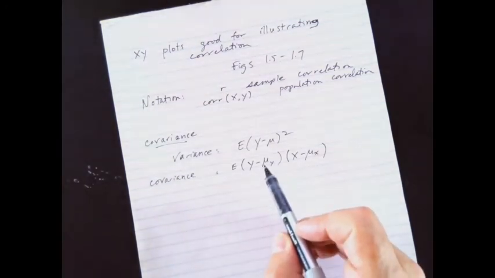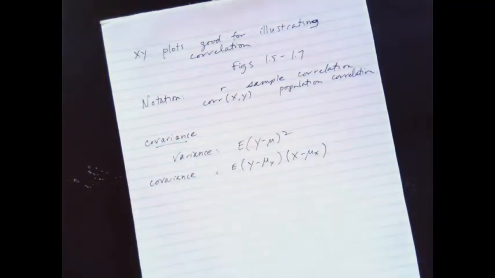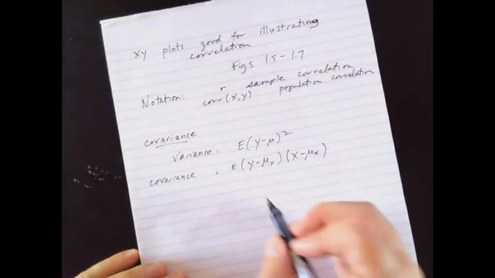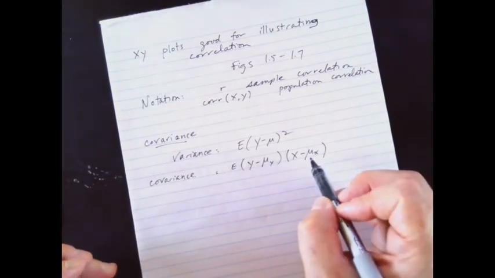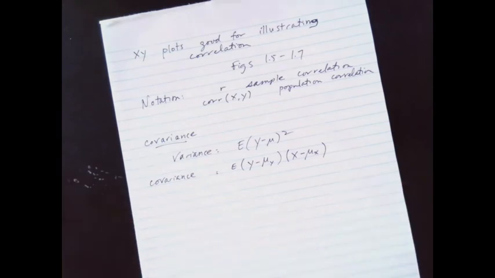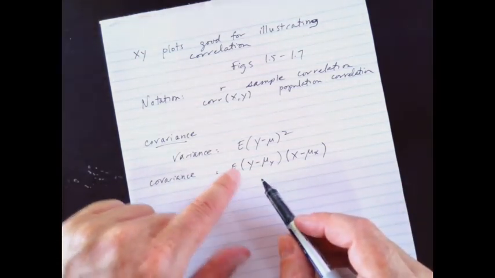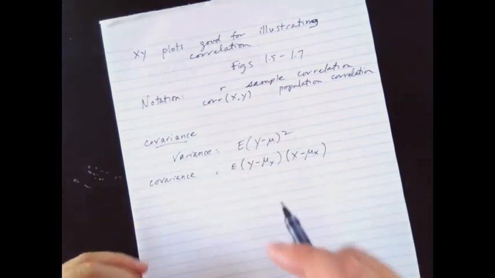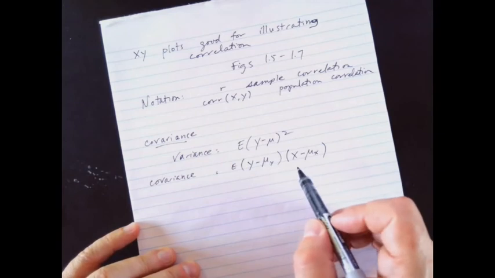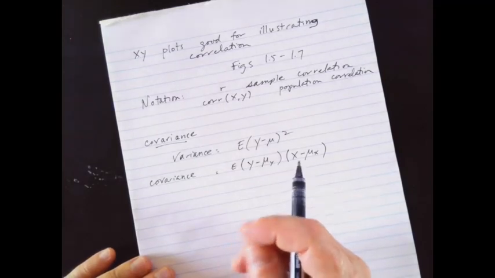But it's the same idea here. If y gets large and x always gets large at the same time, these move together, so the covariance goes up. If y gets large and x always gets small, that moves in the other direction, then covariance will tend to be negative. And if they don't move together at all, then the covariance will tend to be 0.